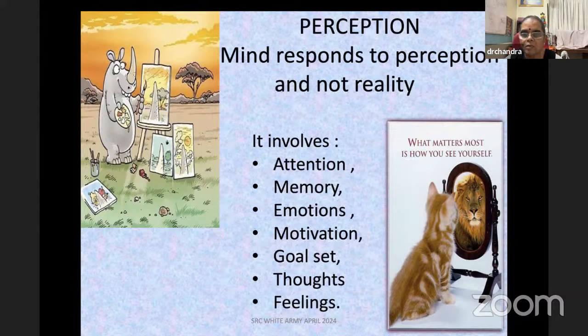You put it to the gods, something like that. That is the goal set. You have goals, thoughts and feelings. So all this together gives the final image. If a cat thinks that image belongs to a lion, then the cat will start imagining it is a lion. So it is extra-striate visual processing that decides the meaning and the behavior that we get out of a seen object.